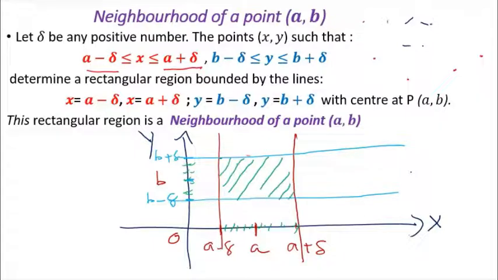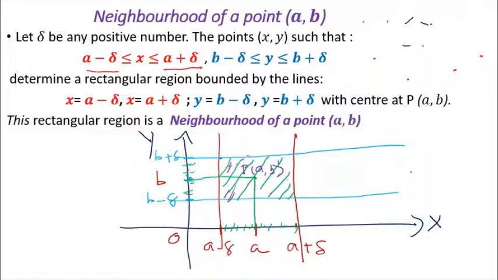The point P (a, b) will lie in this rectangular region. So the neighborhood of this point P (a, b) will be a rectangular region, where x lies in the interval a minus delta to a plus delta, and y lies in the interval b minus delta to b plus delta.